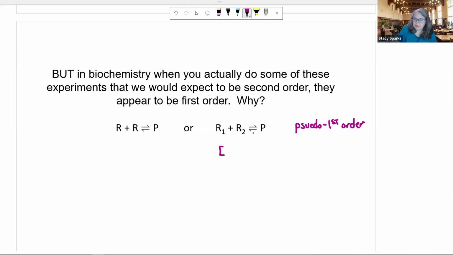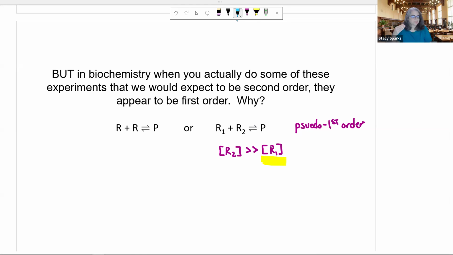We talked about a situation where we've got a whole lot more of one reactant than the other. A lot more. So if we use up, say, half of the first reactant, essentially the concentration of the second reactant is barely changed. Maybe we had half a mole of the first reactant and we've got like 1,000 moles of the second reactant. Well, if you use up all half mole, you've still got 999.5 moles. It's barely changed. So in that case, reactant 1 would look like it's controlling the entire rate.